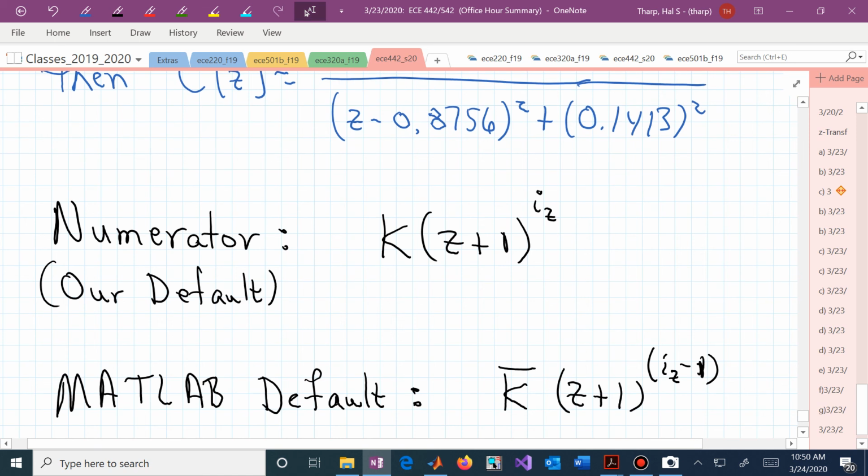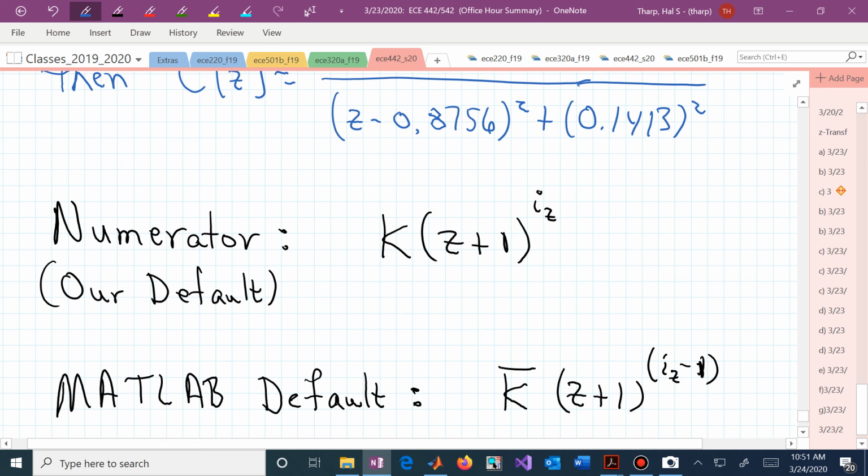MATLAB by default actually reduces the power of that factor z plus 1 by 1. So if you're now looking at what MATLAB gives you with this matched C to D function, it's going to give you a different numerator polynomial. It's going to be z plus 1 in this example, not z plus 1 quantity squared. And if they match the gains at the same frequency, their gain, k bar, is not going to be the same as your k, because in ours, if we matched it at DC, then z is equal to 1.